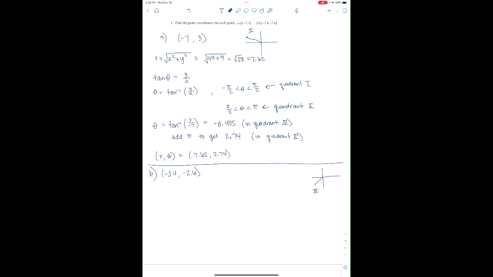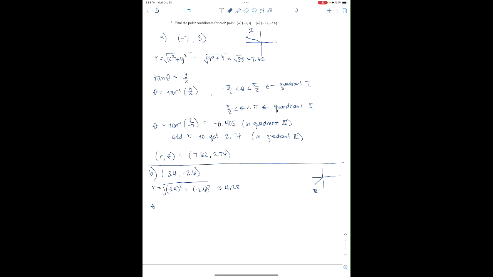And so let's find r first. This is going to be 3.4 squared plus 2.6 squared, square root of these, which is about 4.28. Then let's find theta. Same as above.